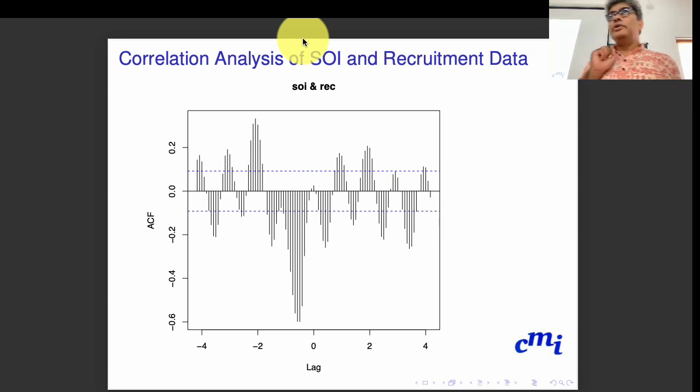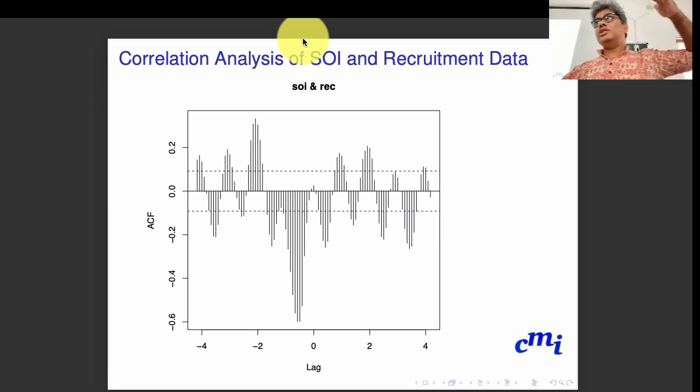But if we found that fish population is affecting the Southern Oscillation Index, we may question whether it is a spurious correlation, because we don't want to say that fish population is going to affect the temperature and air pressure difference at two positions in the Southern Indian Ocean.